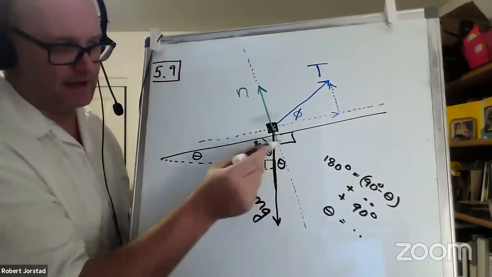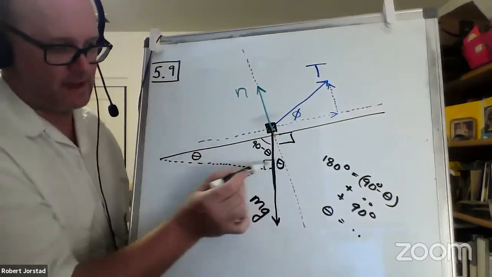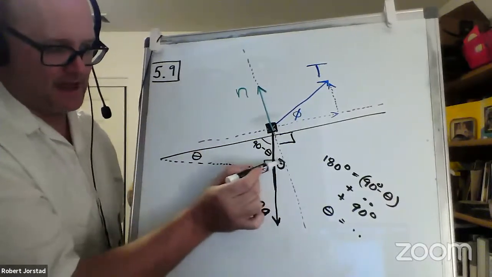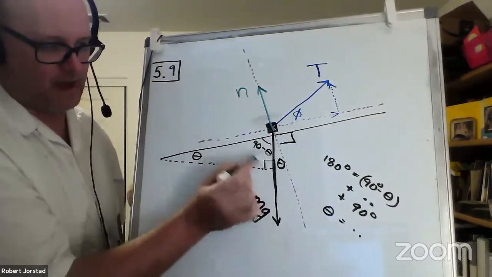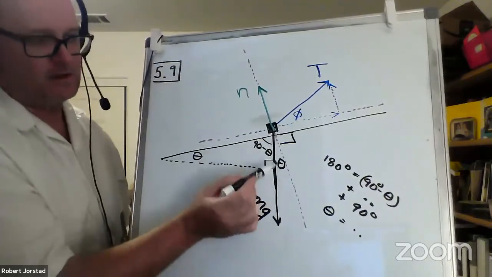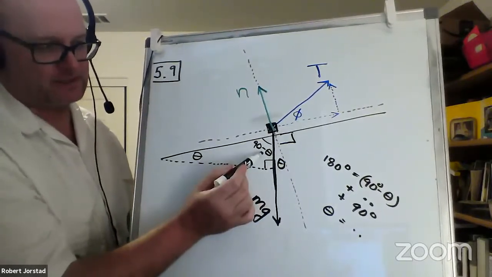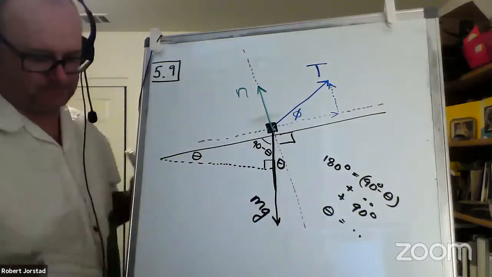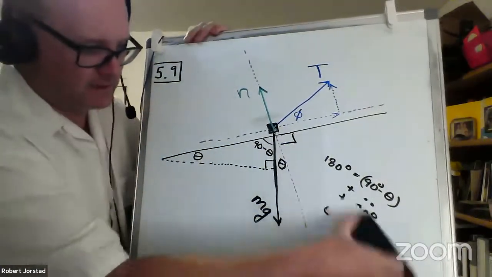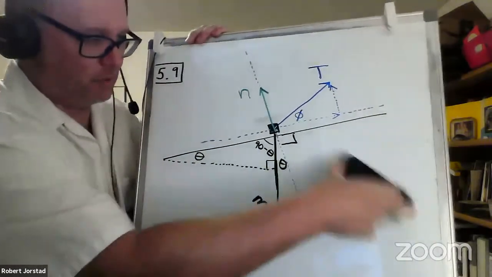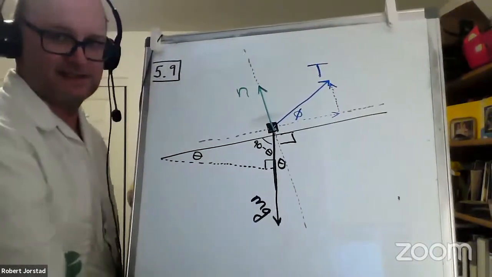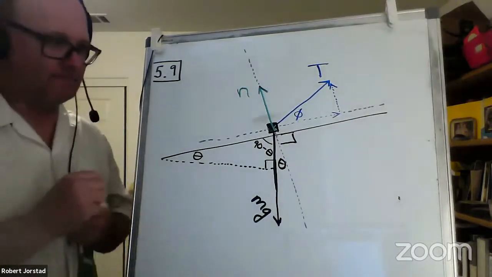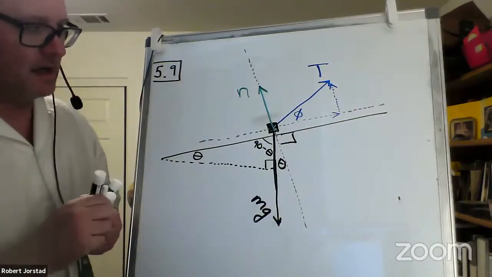If this is a right angle, this whole thing right here is a right angle, right? If that's a right angle, these two have to add up to 90. Well, theta plus 90 minus theta is 90. Okay, so notice that geometry is a huge portion of your physics abilities here. All right, next.